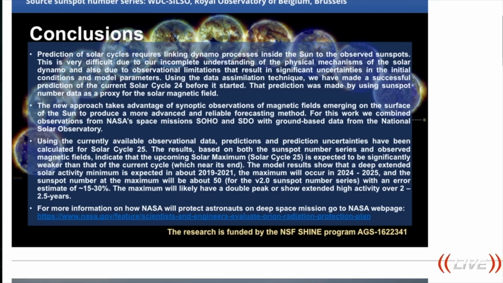The model results show that a deep extended solar activity minimum is expected in about 2019 and 2021. The maximum will occur in 2024 and 2025, and the sunspot number at the maximum will be about 50, with an error estimate of 15 to 30%. The maximum likely will have a double peak or show extended high activity for over 2 to 2.5 years.